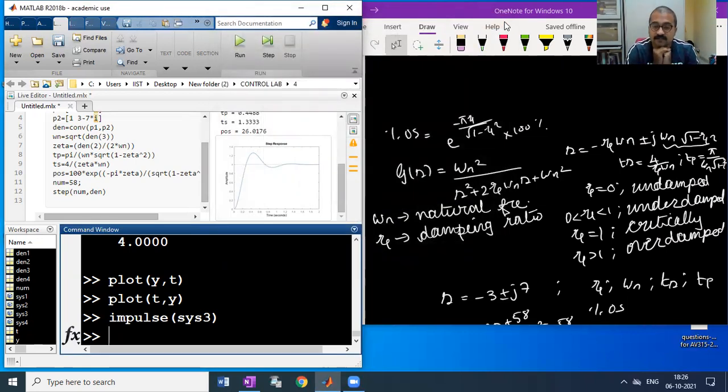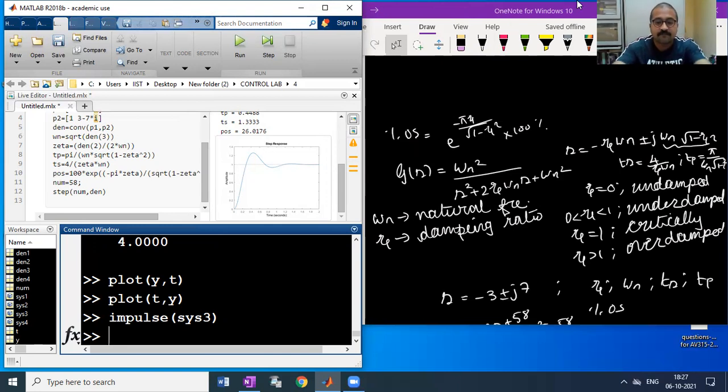So to plot a unit step response, we have the command step. To plot a unit impulse response, we have the command impulse. To plot the unit ramp response, do we have the command ramp? No. You can only plot unit step response and unit impulse response with the help of the commands step and impulse. If you want to make any other plot, then there's a command called lsim.